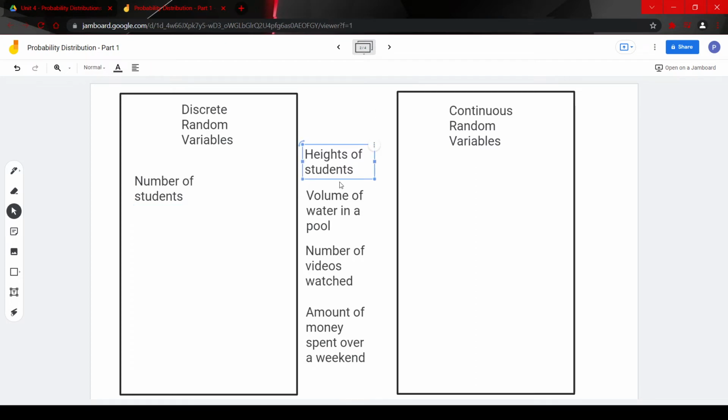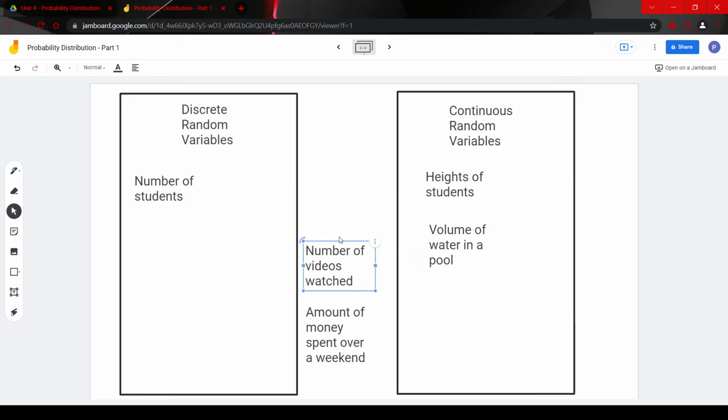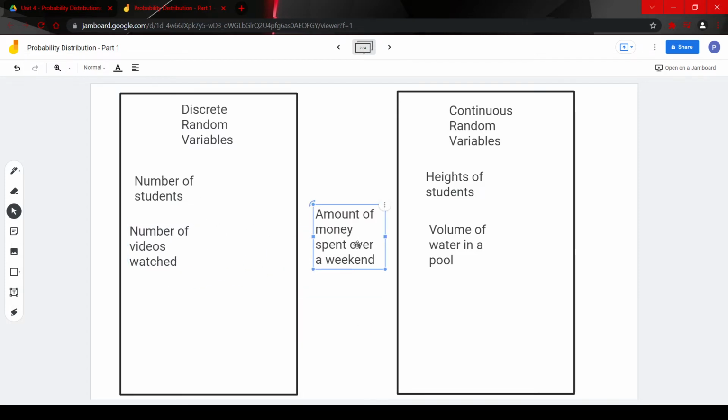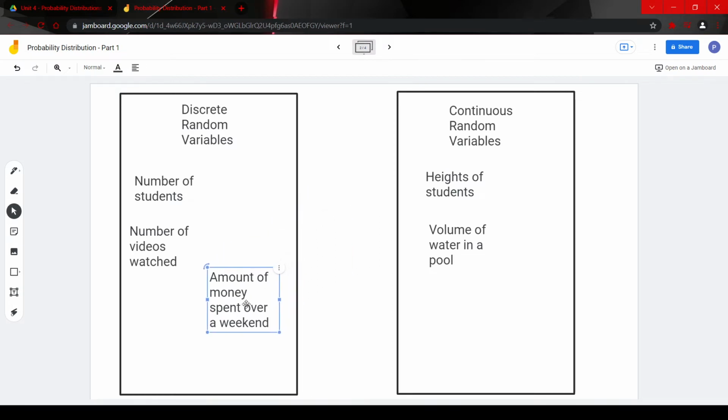Heights of students, do we measure height or do we count height? We would normally measure the height, right? And so that's continuous. Volume, same thing, we would measure the volume of something. Number of videos watched, these would be discrete. We will count the number of videos. Amount of money spent, do we count money or do we measure money? We would say we count money, right? And so this would be discrete.